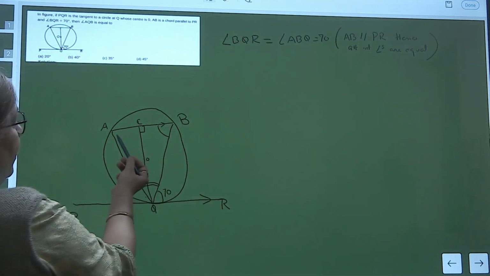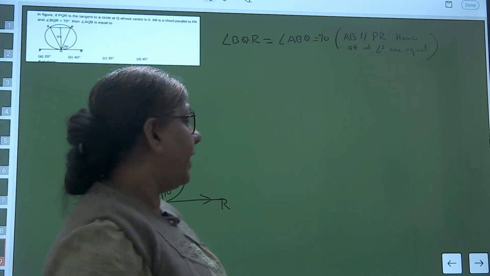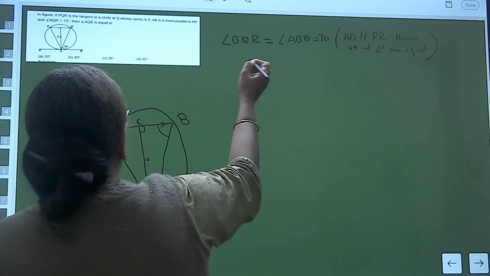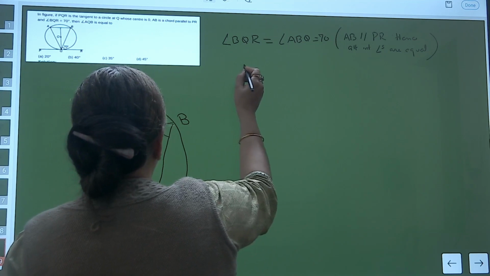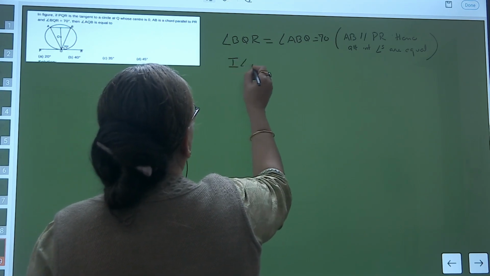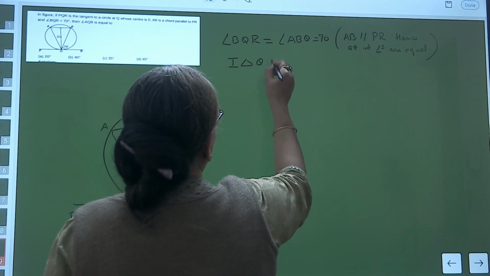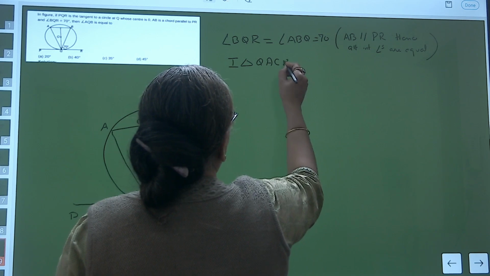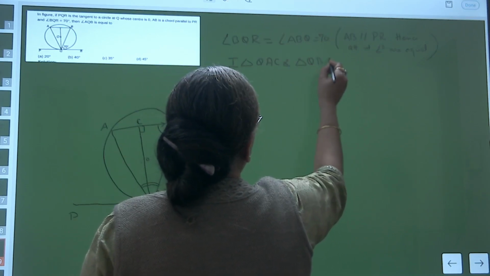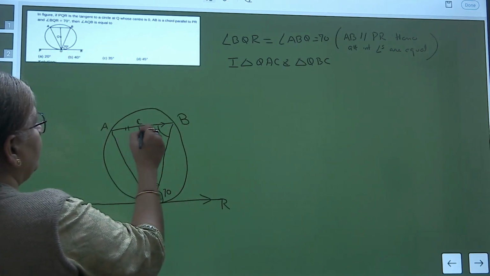Angle B is already known, so this will also be 70, and then by using the angle sum property we can find angle Q. So let's write in triangle QAC and triangle QBC, AC is equal to BC.